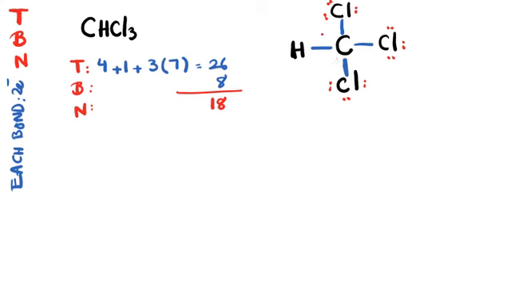If we had any electrons left, we would add them to the central atom, but all 18 electrons are already used. The last thing you should do is count the number of valence electrons for the central atom. I'm sure you will say it has 8 valence electrons. So this is the Lewis structure of CHCl3.